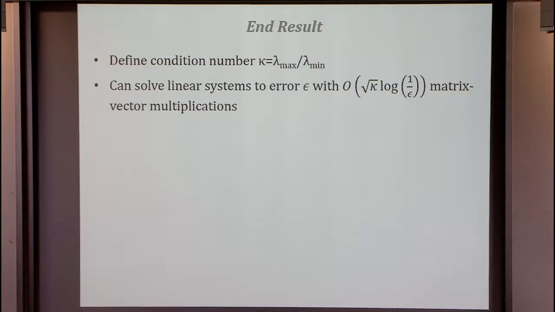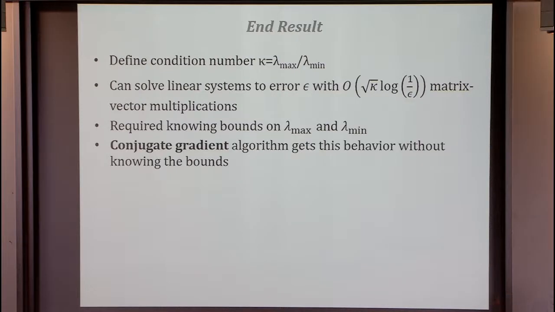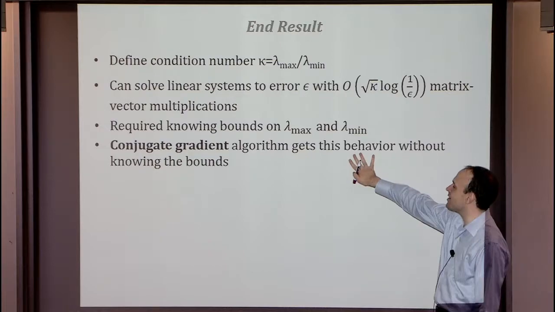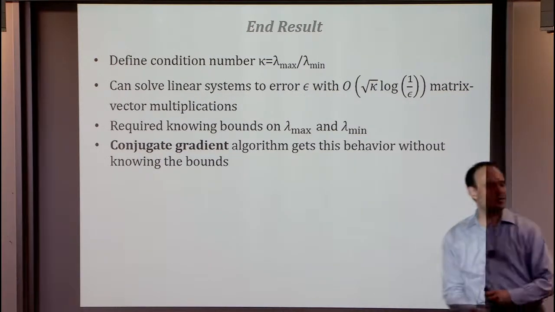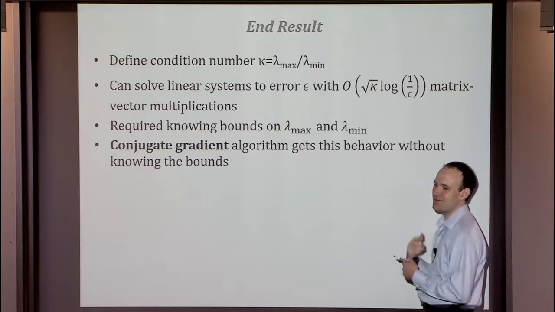You won't get something quite as good if you didn't have a square root there. Note that it did require the bounds that we asserted, and as I've promised, there is an algorithm, conjugate gradient, that will perform as well as the best polynomial. It more or less is just taking a set of orthogonal polynomials in the appropriate norm.